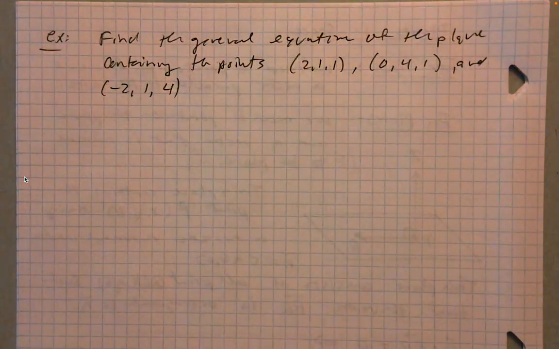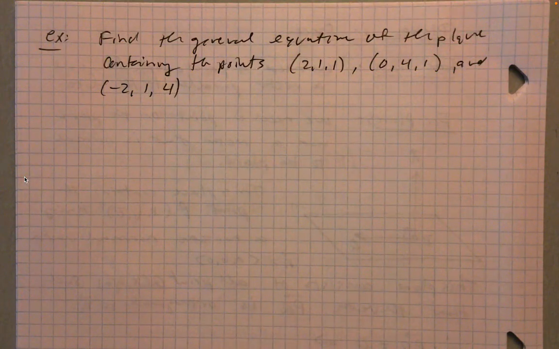It's going to take 3 points to define a plane. If you just give me 2 points, then there's an infinite number of planes that could contain those 2 points. So you need 3 to define a unique plane.